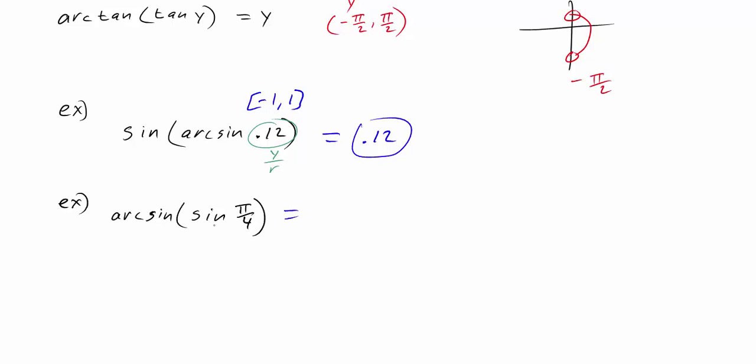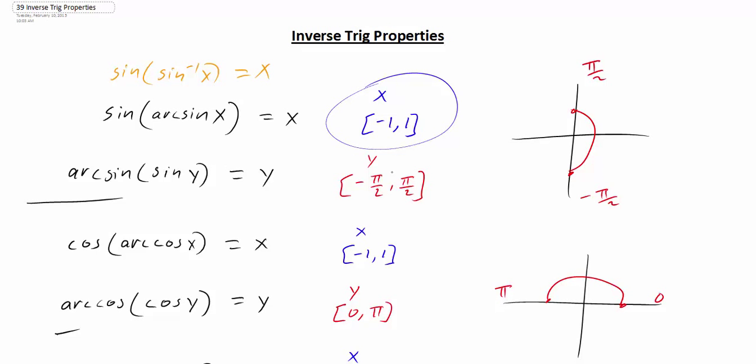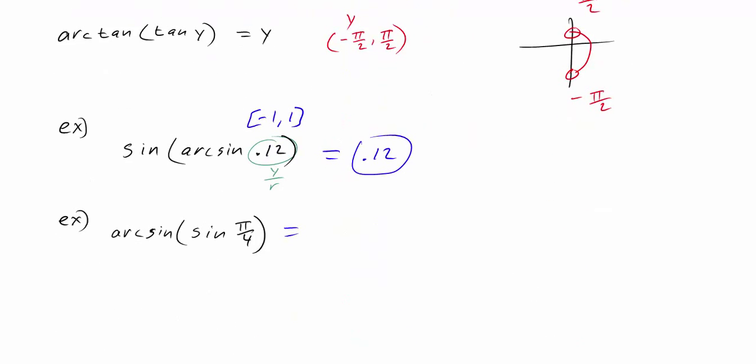And here when we say the sine of pi over 4, the pi over 4 is our angle, okay? So is pi over 4 within negative pi over 2 and positive pi over 2? And the answer is yes. So therefore, this is simply equal to pi over 4.